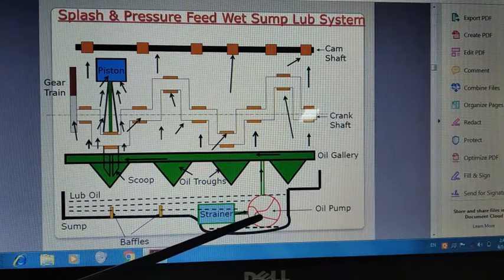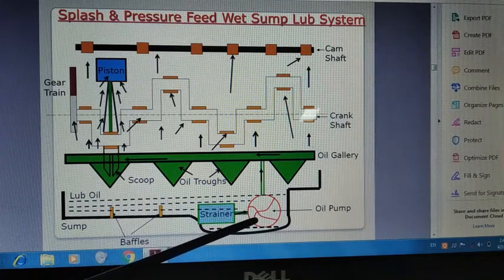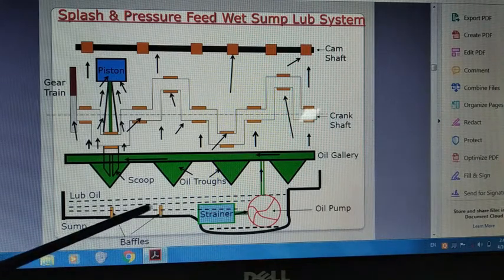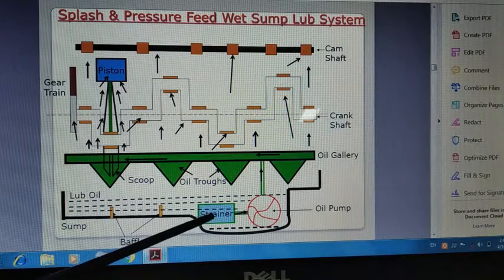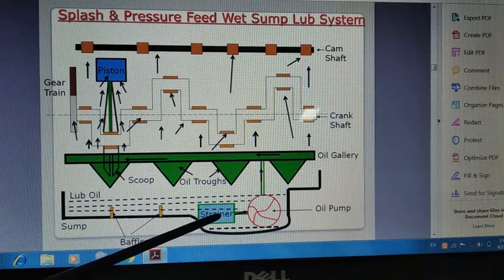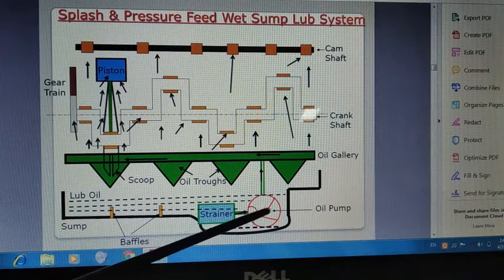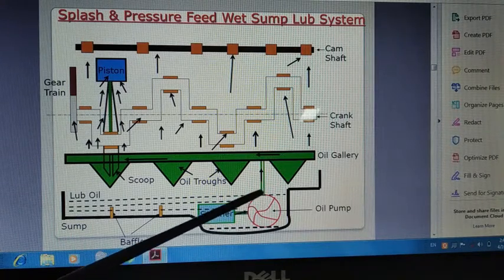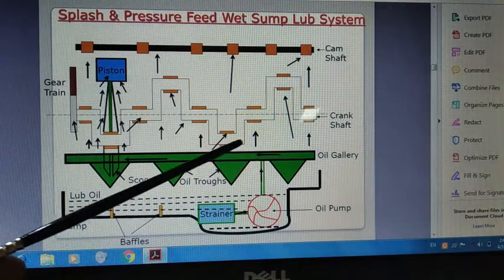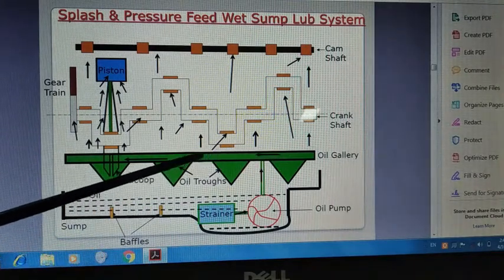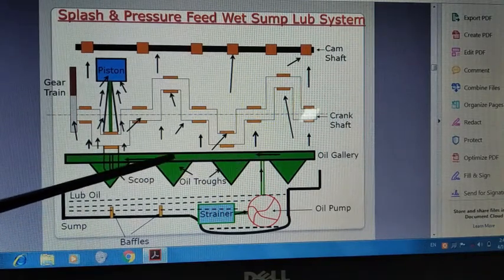The pump will extract the lubricating oil through the sump, but it will pass through the strainer whose function is to do the filtration of the oil. And then through the pump the pressurized oil will be coming into the oil galleries. Oil galleries are nothing but the pipings through which oil will be flowing.